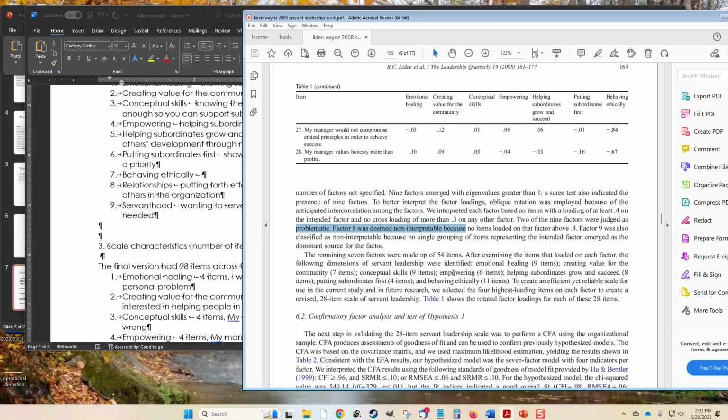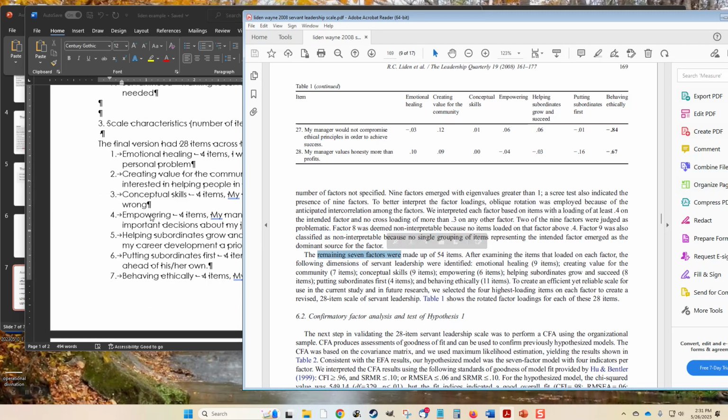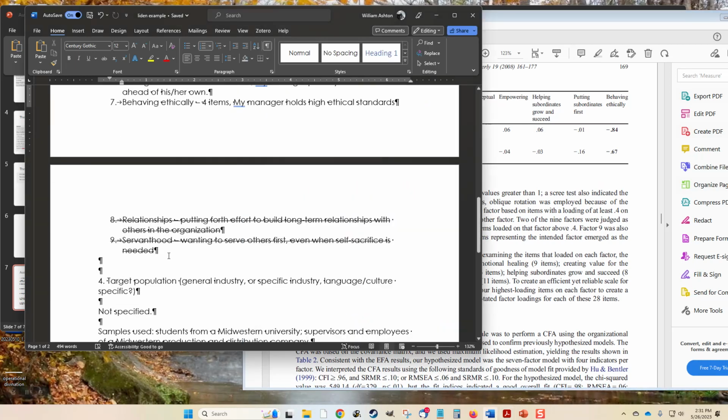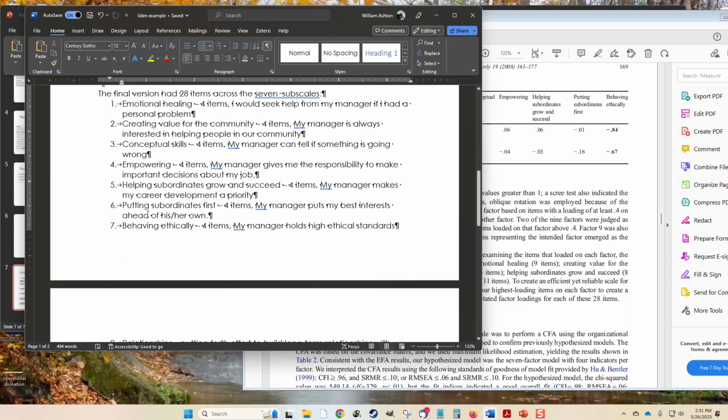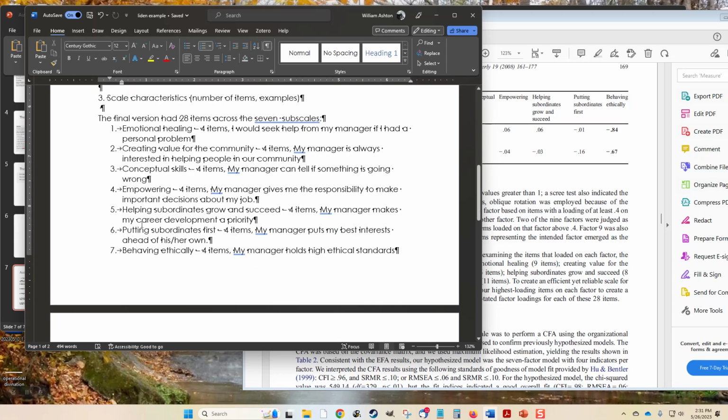So the remaining 7 factors: even though they had 9 conceptual definitions, they basically said, in terms of the data, in terms of the statistics, we're only going to have 7 actual subscales.